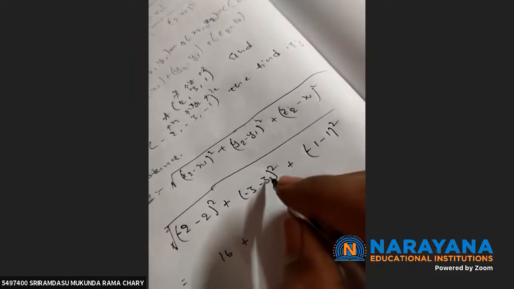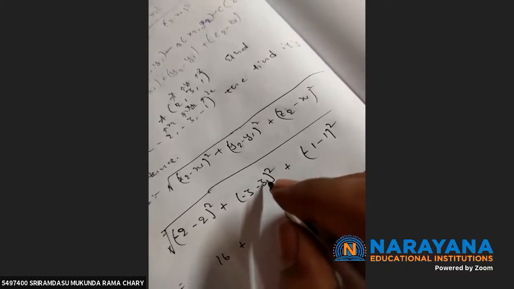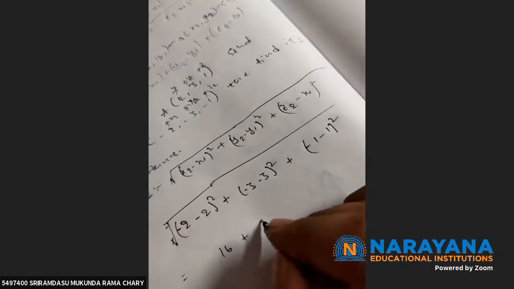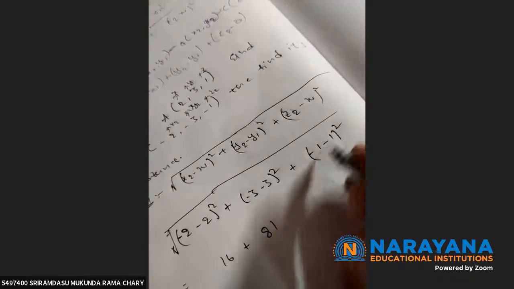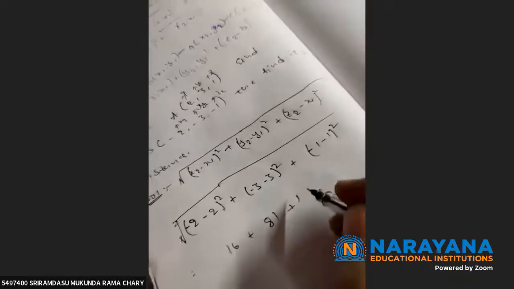Minus 3 minus 9 whole square goes to 81, minus 1 is just like plus 1 only.